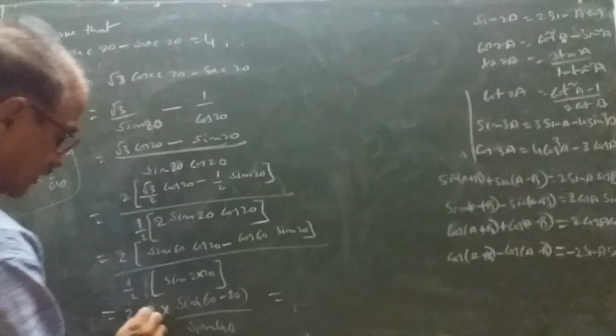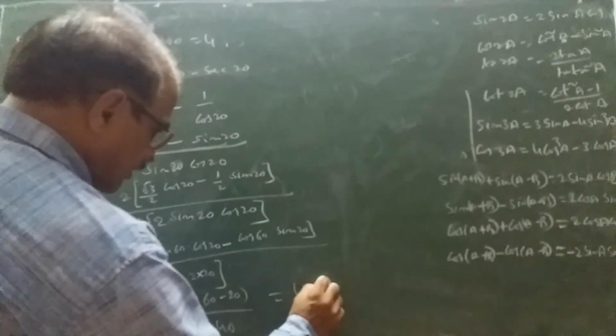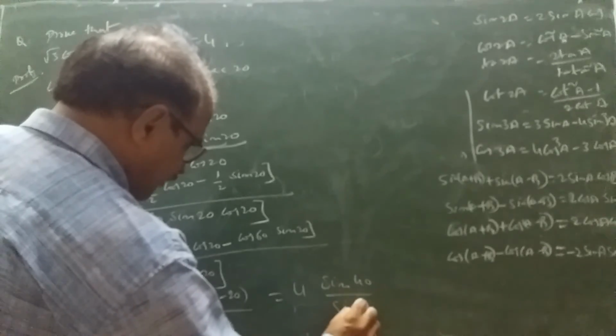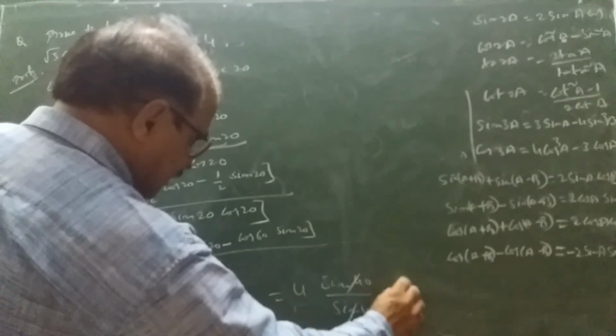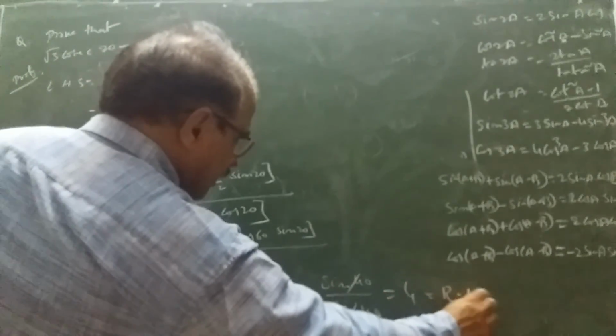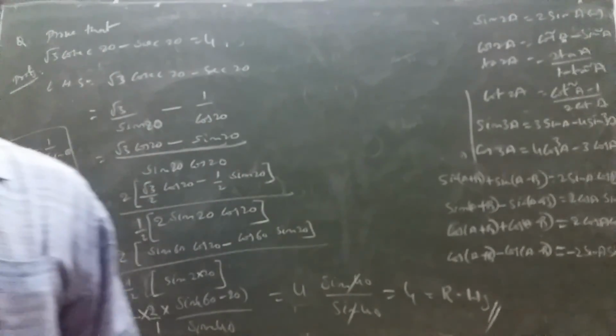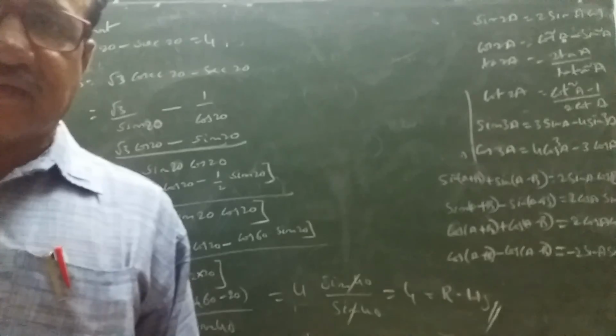That is equal to 2 into 2 by 1, 4 into sin 40 by sin 40. Cancel, that is equal to 4, which is RHS. In this way, we have to solve the remaining problems given in our textbook.